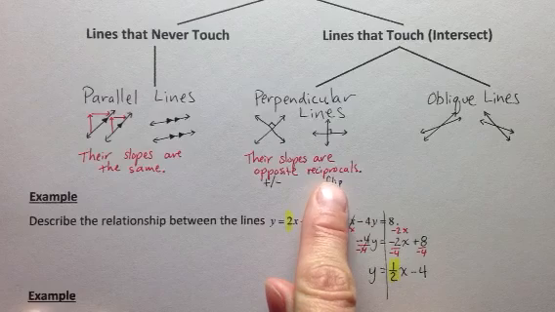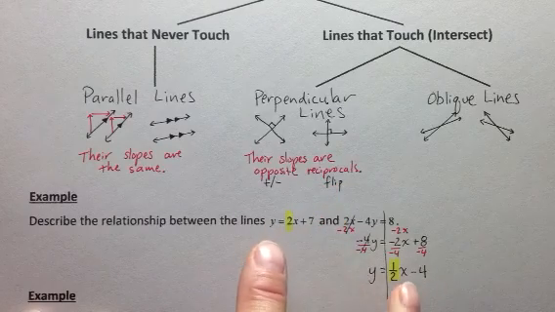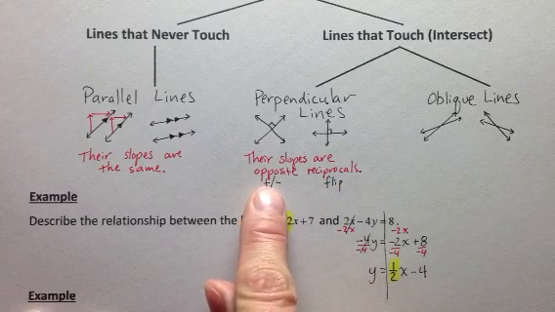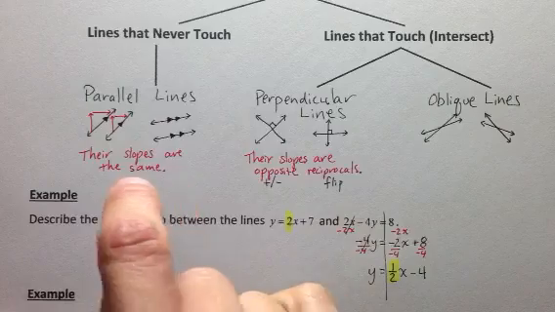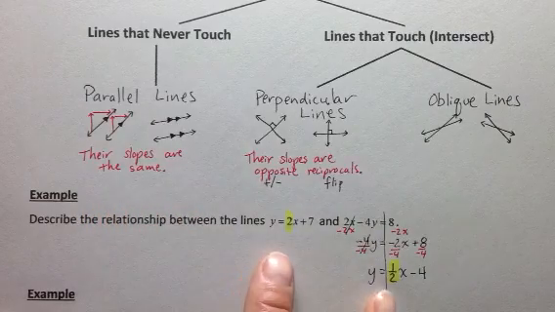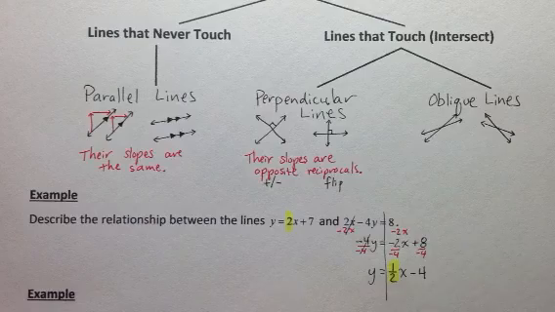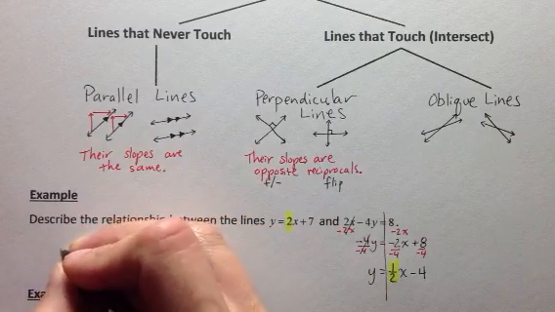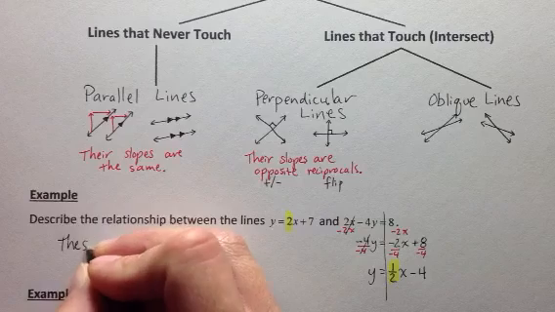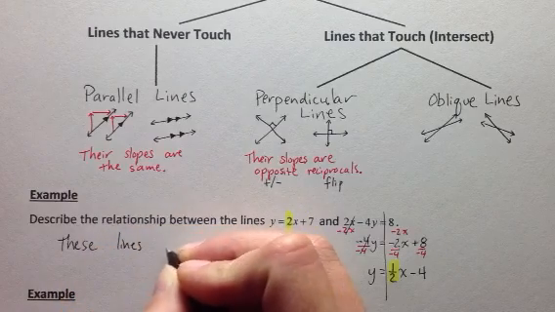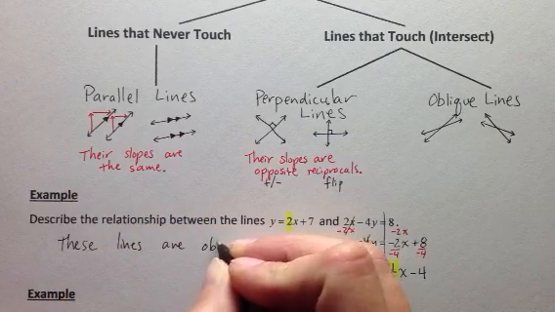So they are reciprocals, but they're both positive, so it's not opposite. Okay, so if it's not parallel, and they're not the same line, they're not perpendicular, that means they're going to be oblique. They're both rising, but at different rates, so at some point they will touch. So these lines are oblique.